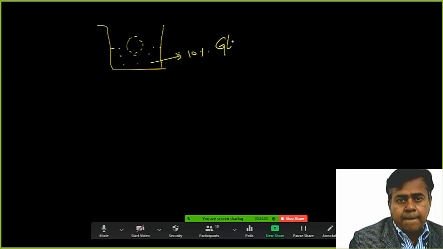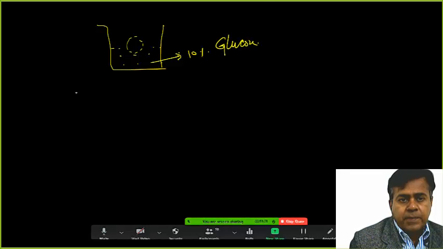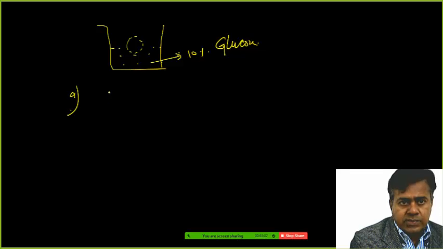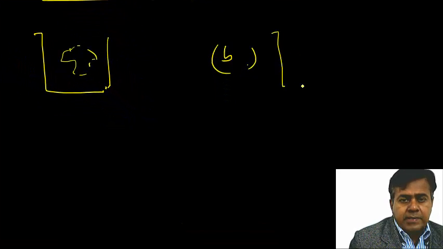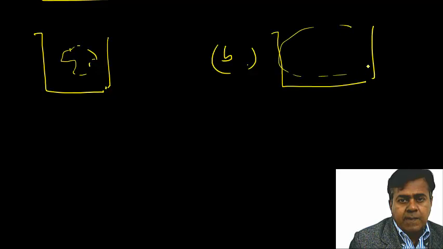Okay. Now there can be two conditions. First, the cell will be like this, and second, the cell can be like this. Which one is correct? Tell me. Which one is correct?